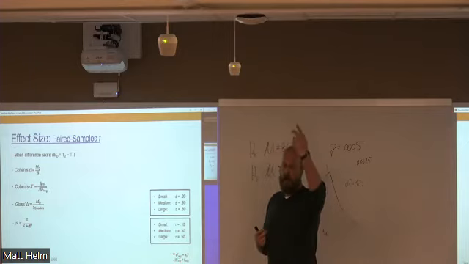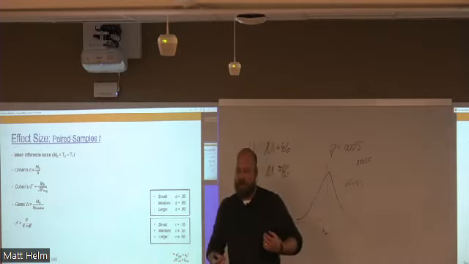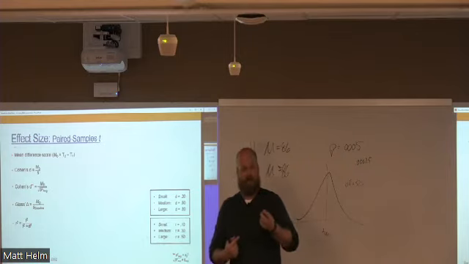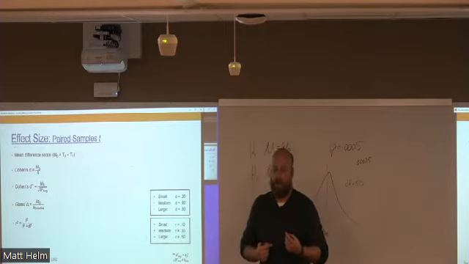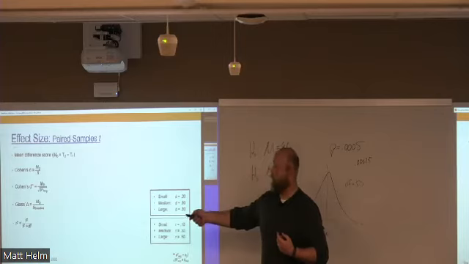I take the variance at time 1 and the variance at time 2, and take the average of those variances, and that gives me an average variance. Then I take the square root of that average variance, and that's going to give me my estimator here, okay?